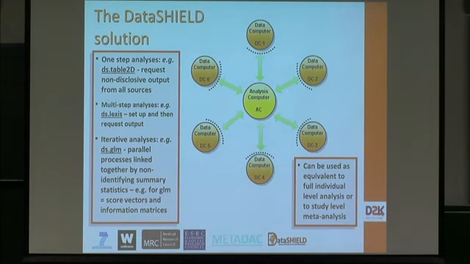The second type is multi-step analysis. A good example of this is a thing called ds.Lexis, and for anybody who's done survival analysis, a Lexis table is a table where if you've got a survival period for someone, which basically involves how long they survived for plus whether or not they died at the end, then you basically break that down into blocks, and each block says that they survived for this long without dying, then this long without dying, and then finally they survived for this long, but they did die at the end of that.